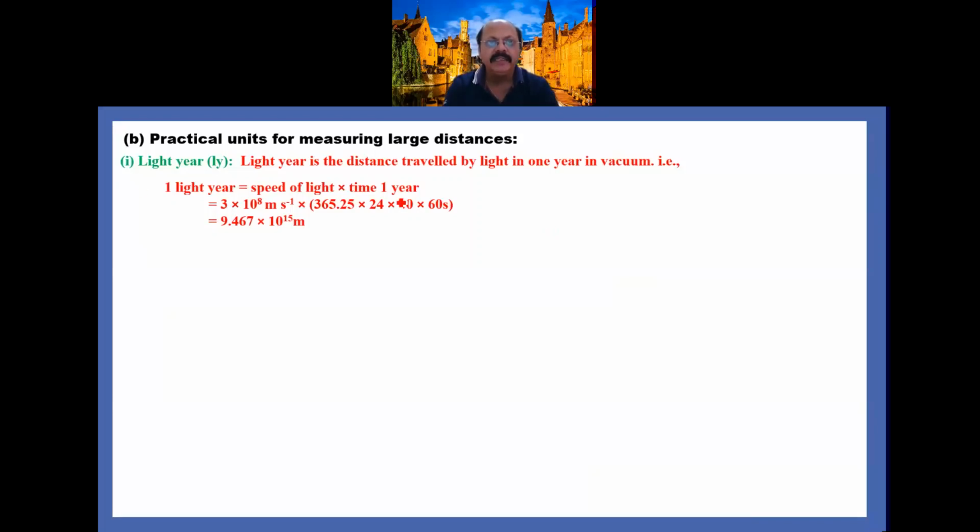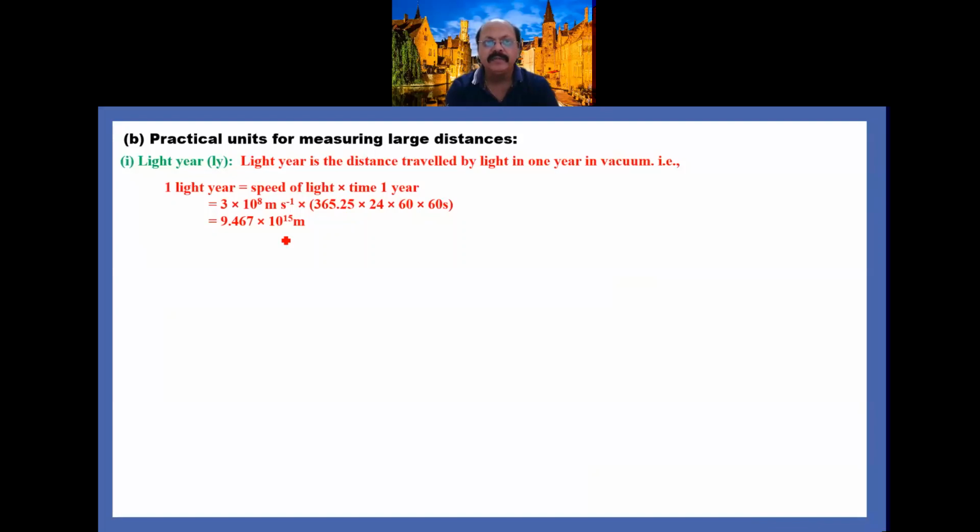And the speed of light that we know is 3 into 10 to the power 8 meter per second, and the time is 365.25 days multiplied by 24 hours, 60 minutes, then 60 seconds. So this is the calculation of 1 year in seconds.